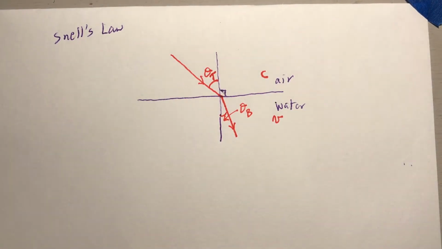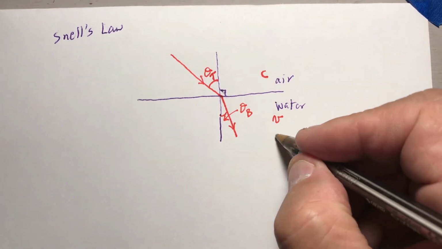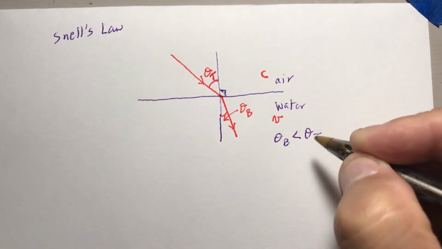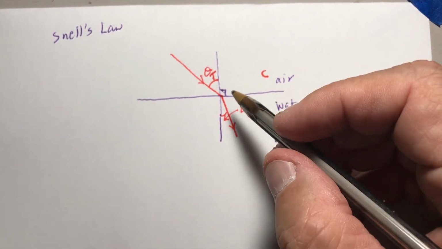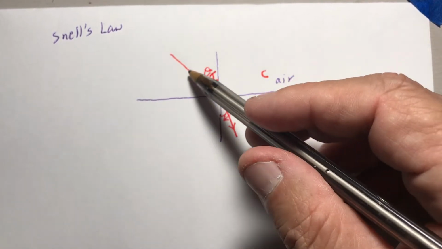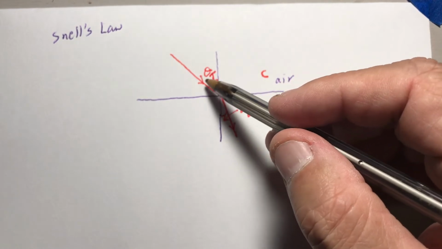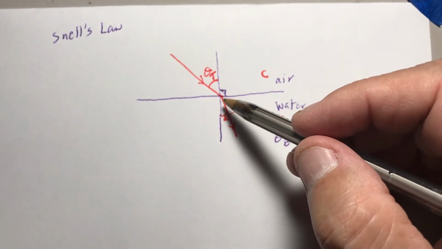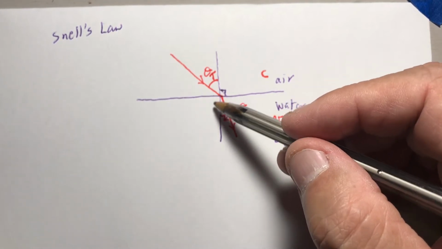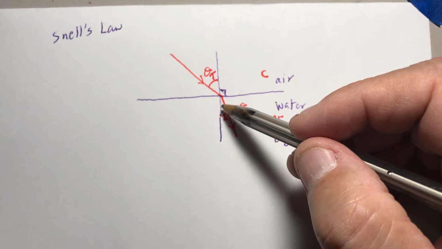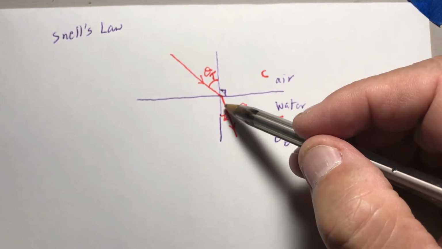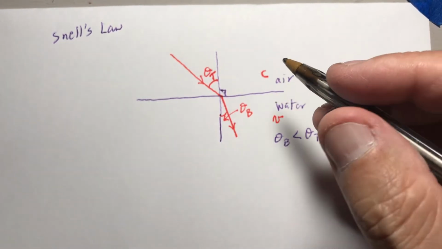Now, you can see that this angle here, theta bottom, is less than theta top, because you can see here the velocity, because we're in a two-dimensional surface, it has two components. Now, you can see that this component here, coming in the y direction, the velocity is less, so it's going to shorten, so the beam is going to refract.